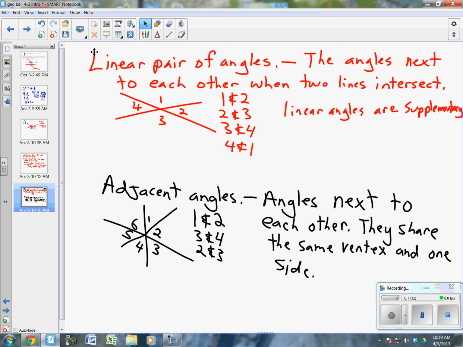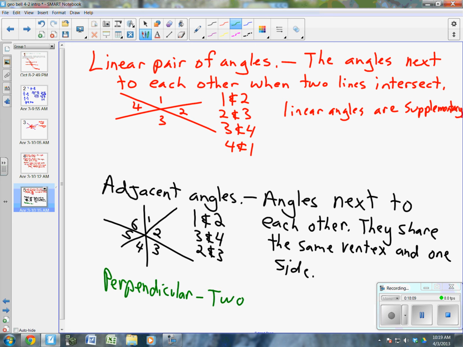Last word. Perpendicular. Does anybody know what perpendicular means? How many of you have heard this word before?